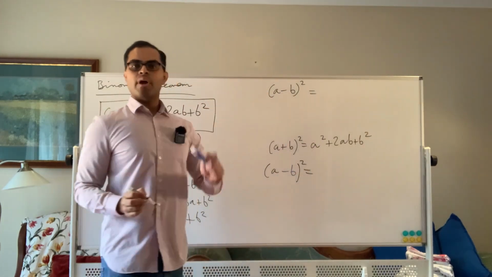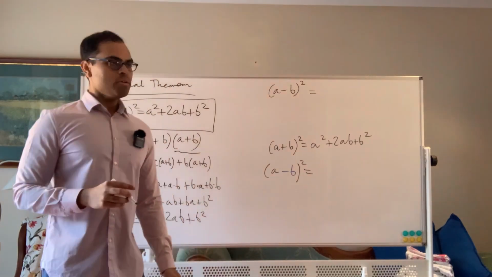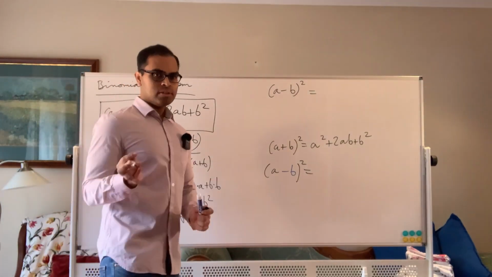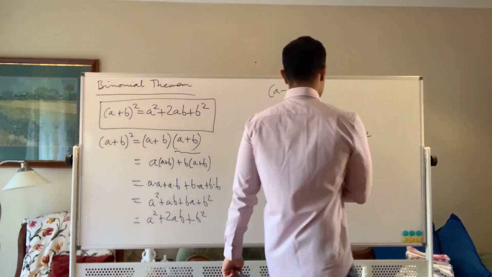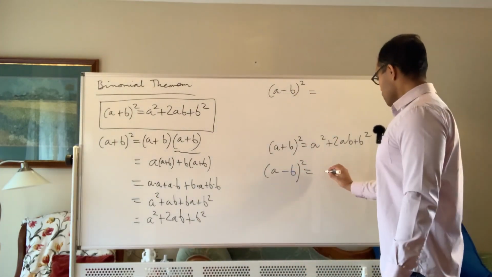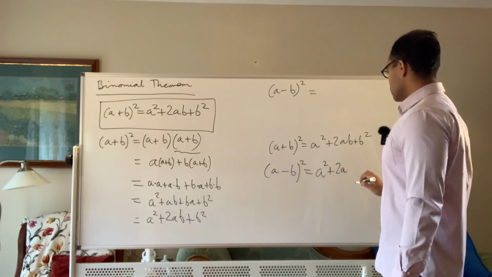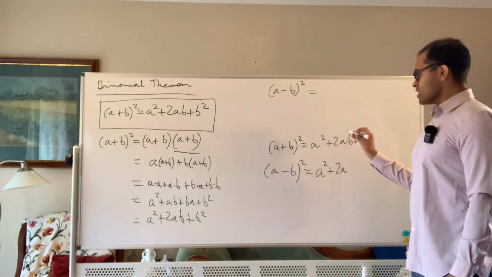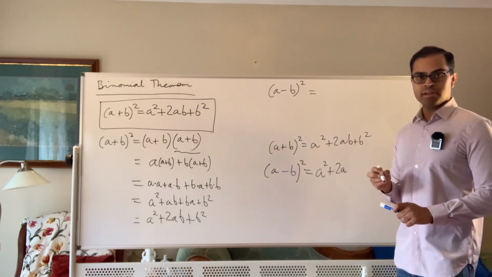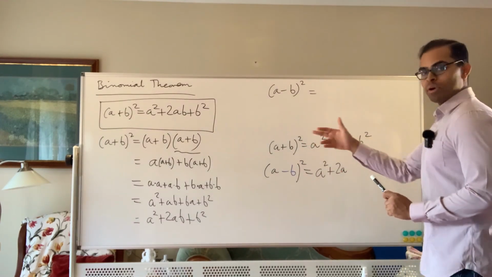So what happens on the right hand side? If you replace b by minus b, what do you think happens? Think about it, pause the video and think about it, and then we'll talk about it. So assuming you've done that, we can say it's a squared plus 2a. Remember our game, we're replacing the b by minus b everywhere. So it has to be on both sides of the equation, because the equation is true for the b's being the same on both sides.